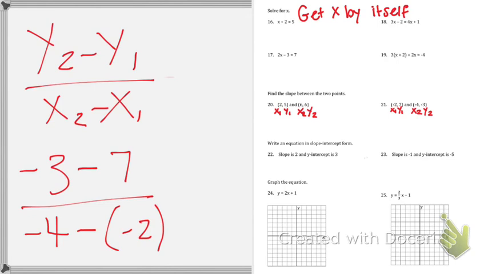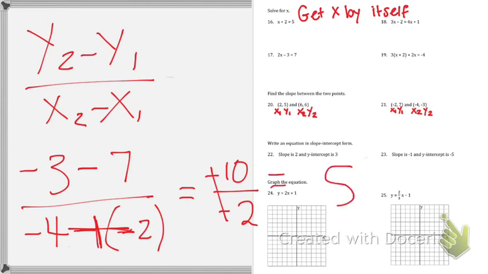You have to include both. And we'll talk more about that later. -3 minus 7 is -10. Oop, two negatives, they make a positive. So -4 plus 2 is -2. Oh, two more negatives, so they're going to make a positive. So -10 divided by -2 is +5. Okay?